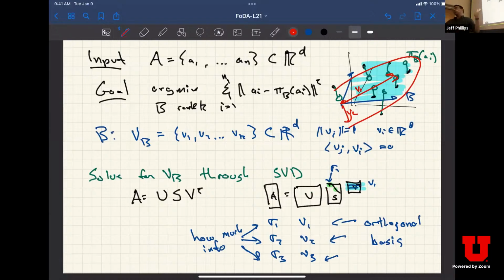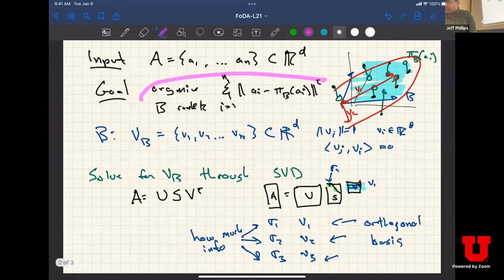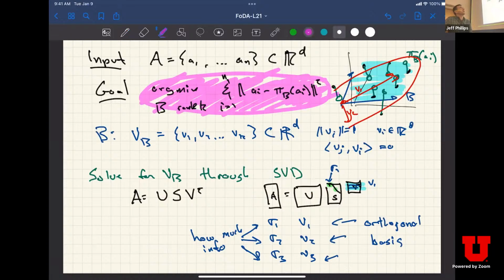Okay, so it seems like we've almost solved the problem, but we have not yet solved this problem here. I wanted to find the best k-dimensional subspace where I project the data, and so far, this requires that B contains the origin.